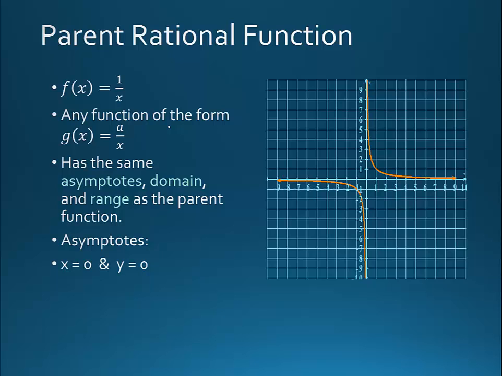Now, our parent function 1 over x looks just like this here. This is our parent function. And our asymptotes would be x equals 0 and y equals 0, or in other words, the x and y axes. This would be y equals 0, and this would be x equals 0.